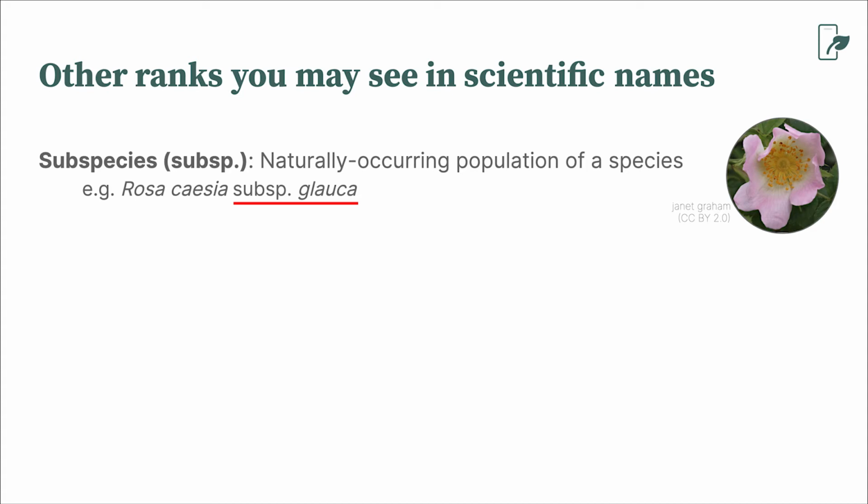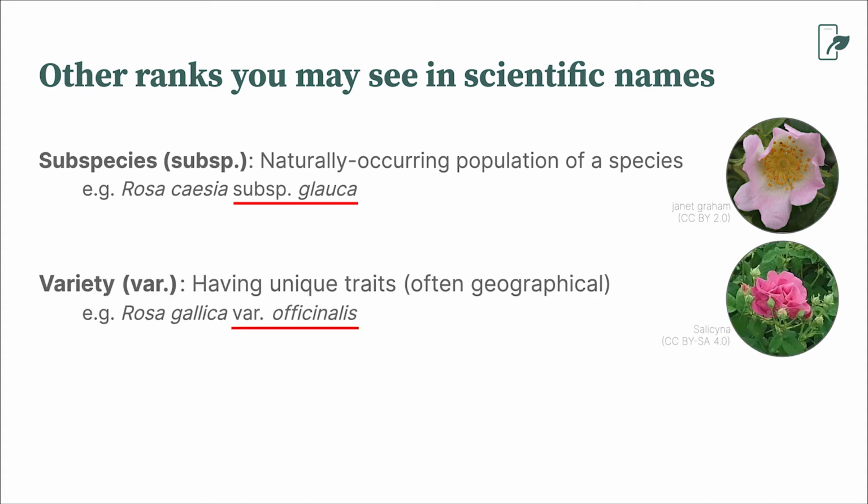A subspecies usually is a small or naturally occurring population of a species. You might also have a variety, which is denoted by the abbreviation var. Here you can see Rosa gallica, var officinalis. Usually a variety is given to a population that has quite specific traits that are often linked to the geography in which these plants are occurring.